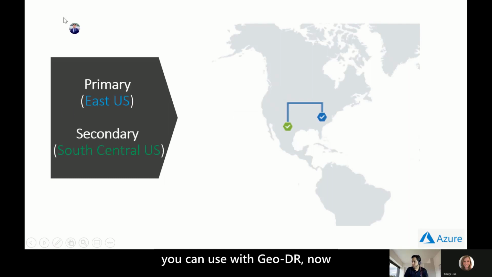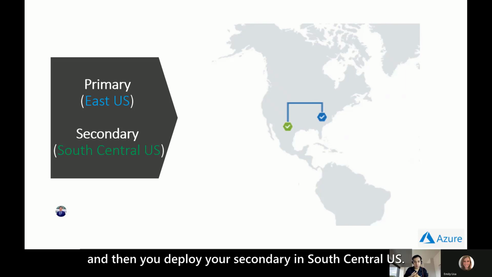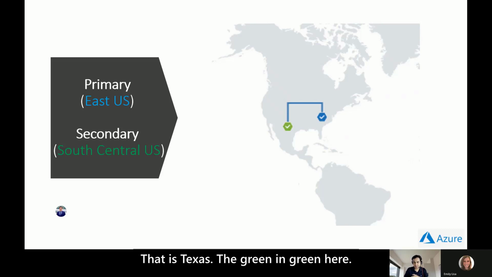Now, for example, we have here our primary. Let's say you deploy a primary in East US, that is Virginia, and then you deploy your secondary in South Central US, that is Texas, the green one here. So of course, the most important use case is if you have a disaster in Virginia, in East US, you can actually fail over to your database in Texas, in South Central US.